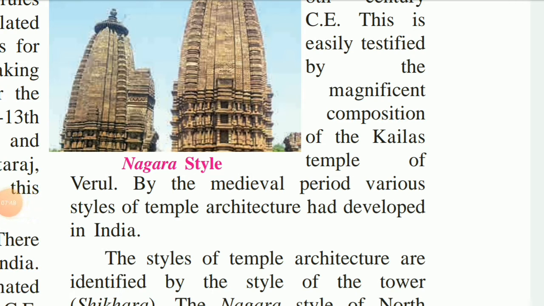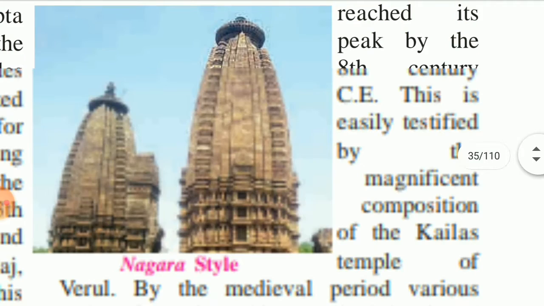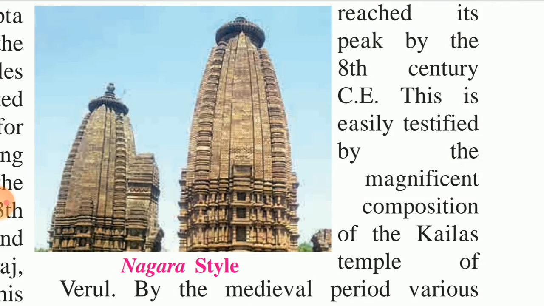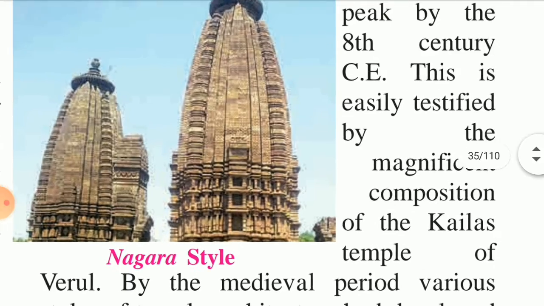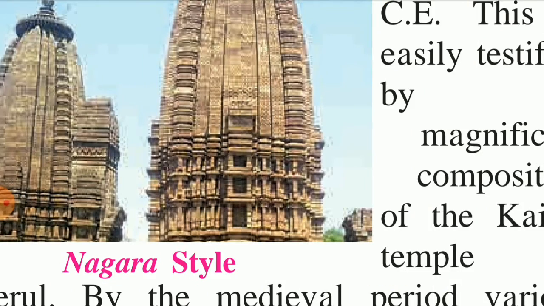By the medieval period, various styles of temple architecture had developed in India. You could see one of the figures here, the Nagara style of temple art, with minute detail.